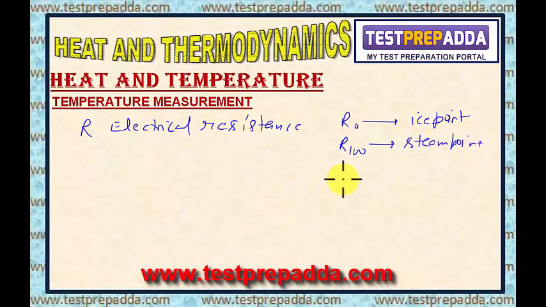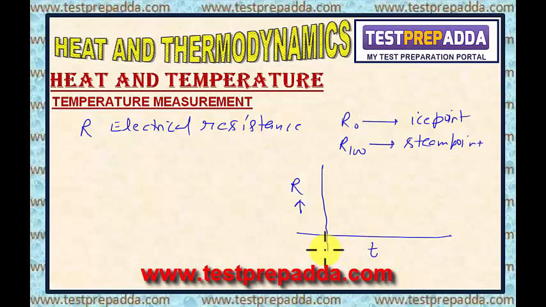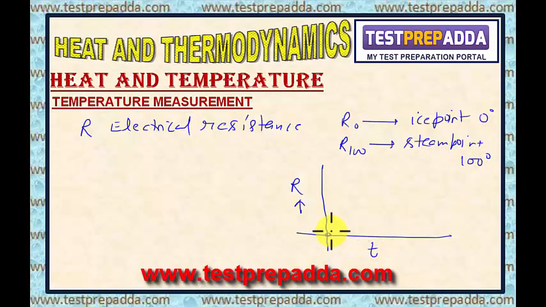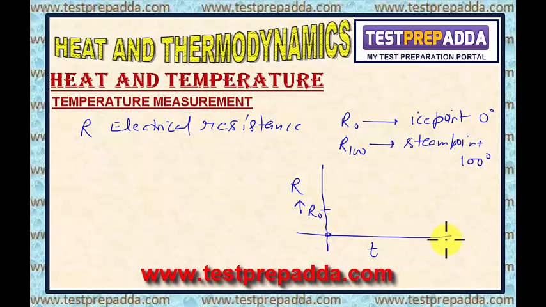So if I draw a graph between electrical resistance and temperature on this scale, ice point I will take 0 degree, and steam point I'll take 100 degree. So at 0 degree the electrical resistance is R naught, and at 100 degree the electrical resistance is R100.